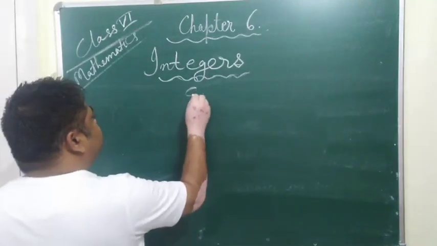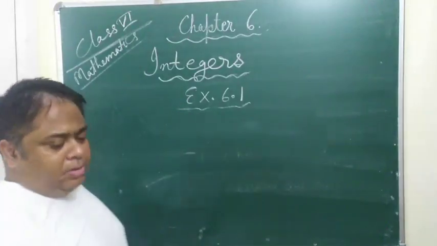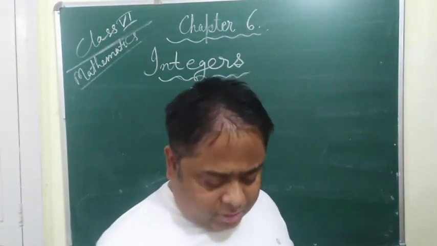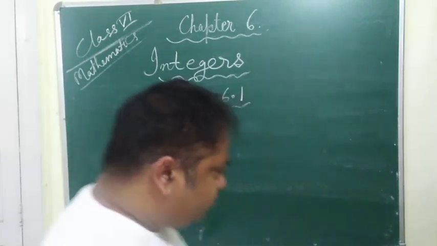So we'll do exercise 6.1. Please use your textbook and read question 1. The first question says, write the opposite of the following.